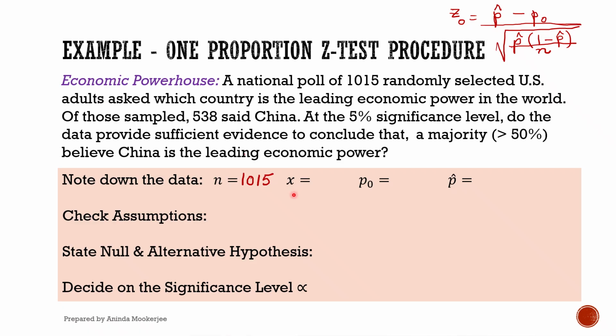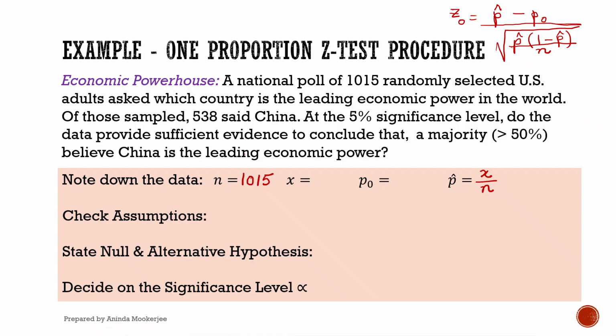What does x represent? Well, the formula doesn't have x in it, but we need to know what the sample proportion is. And in order to find the sample proportion, we need to know x, because the formula for the sample proportion is x divided by n.